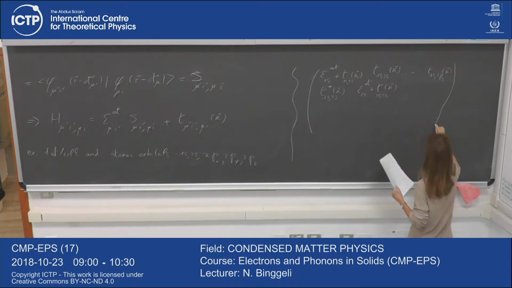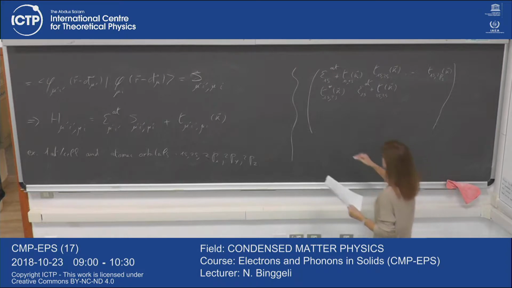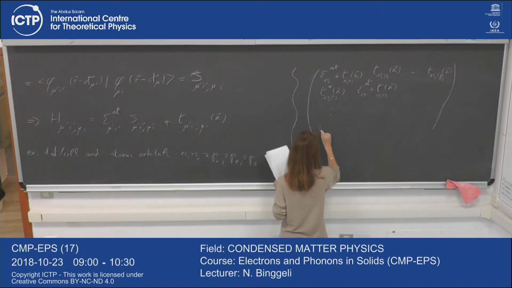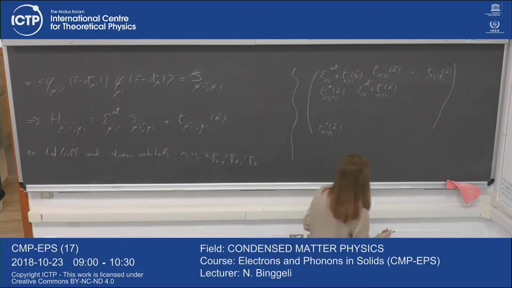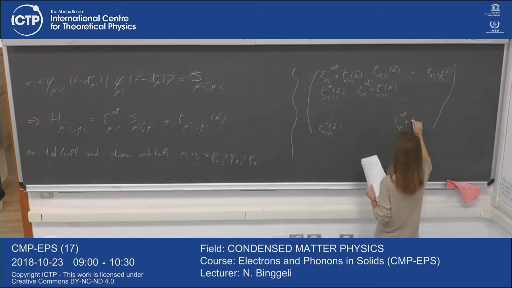This is the last element of my row, and similar here, T 1s, 2pz star of k, and then the last element is epsilon 2p atomic plus T 2pz.